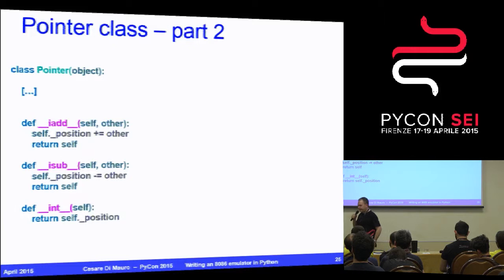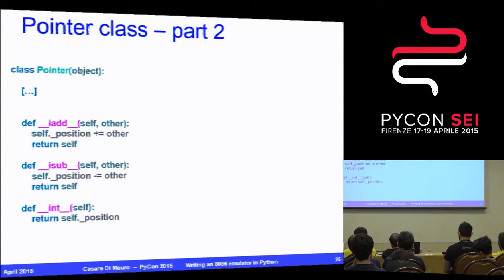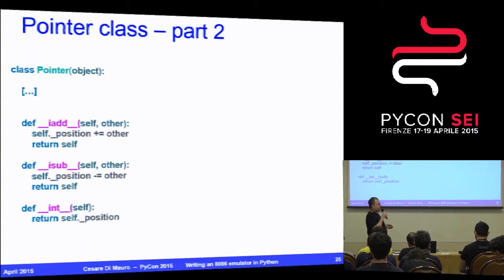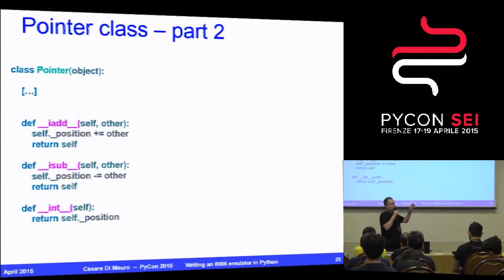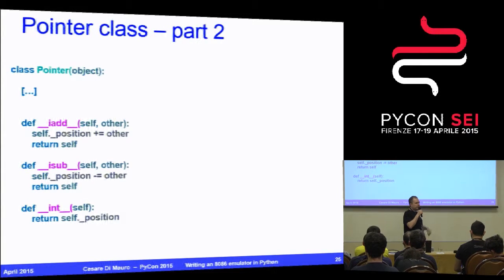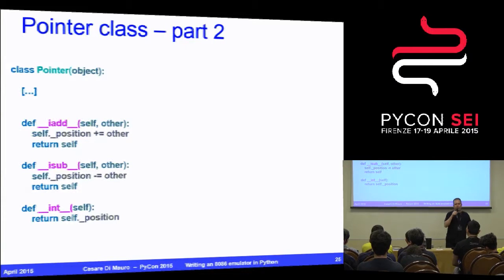Continuing, in C you can, for example with ++, advance the pointer by one, or you can add an integer and advance the pointer arbitrarily. I do this by defining the iadd and isub special methods.